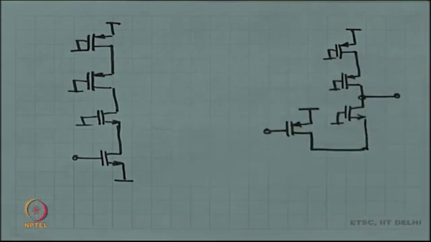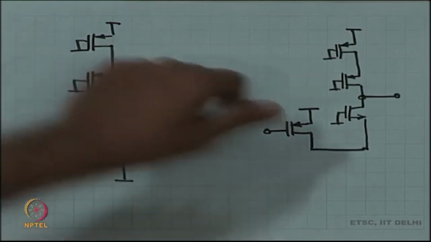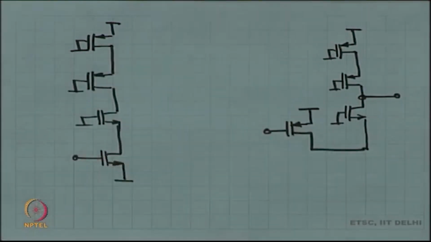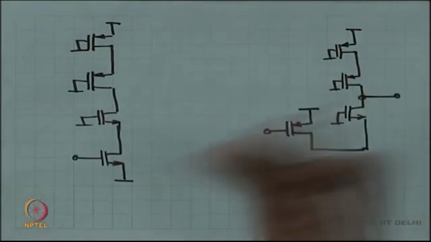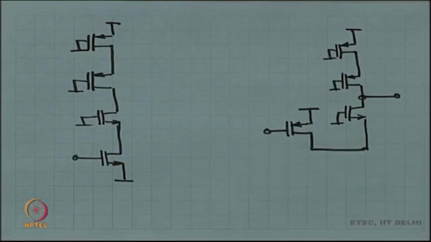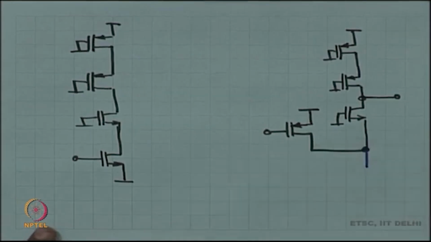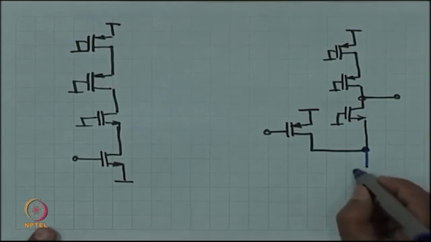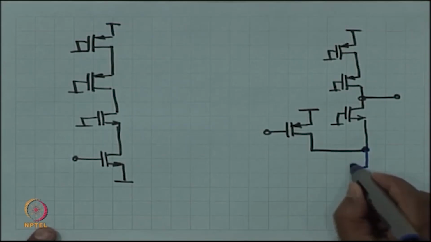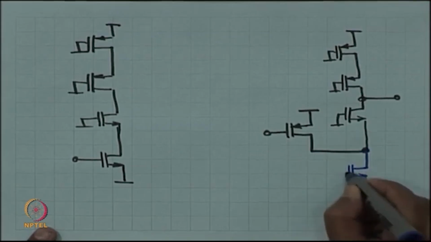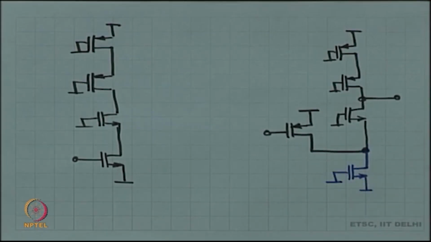Is this also a good half circuit? Of course, it is exactly the same, just that I have twisted this bottom device up, and in the small signal incremental picture, there is no difference between NMOS and PMOS. So, this is an equally good half circuit, and if you place a current source over here, then this will also work. A current source would be an NMOS in this case. This is a reasonably good circuit.